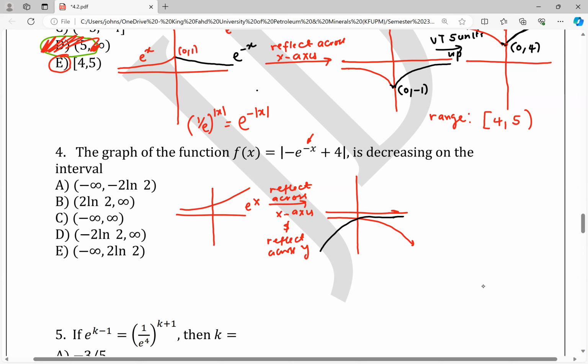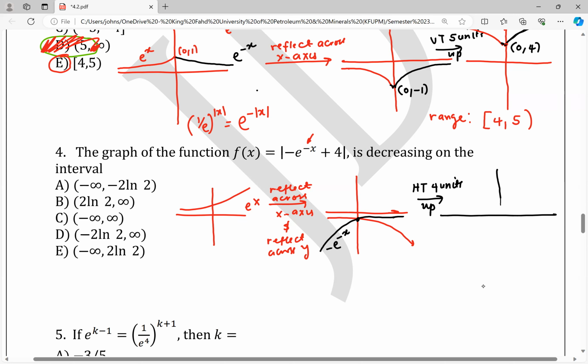But look at this point, where are they meeting? Both of them are meeting at 0 and minus 1. So if you take this one upward now, this black one here is minus e to the power minus x. And now we have to go vertical translation 4 units up. So 4 units up, what does that mean?